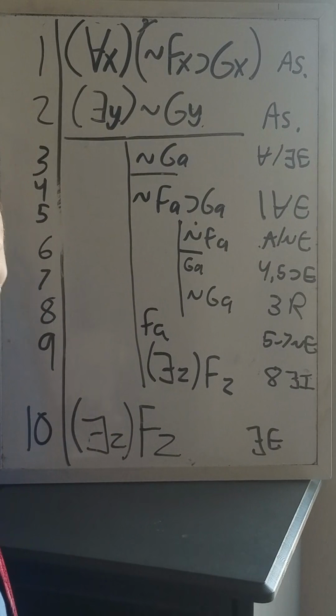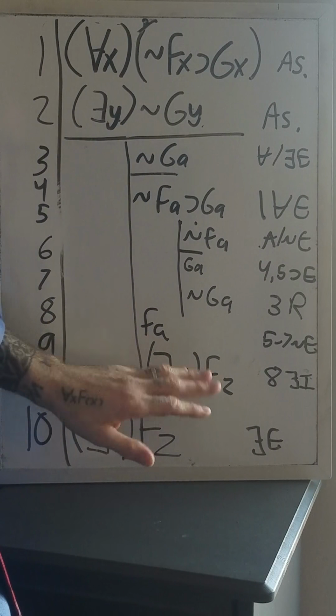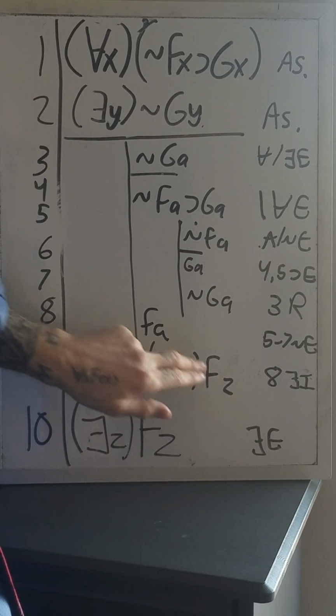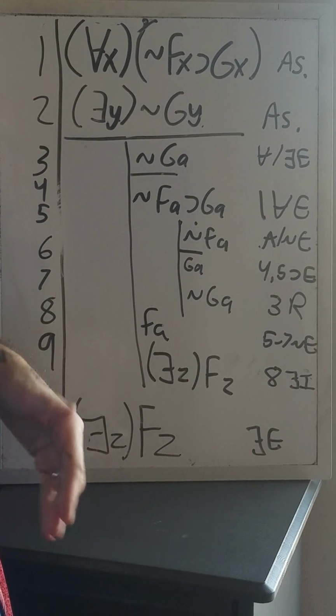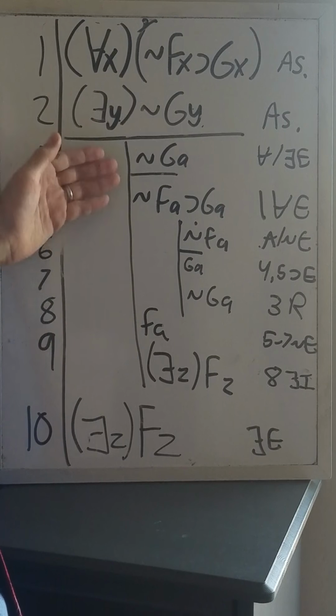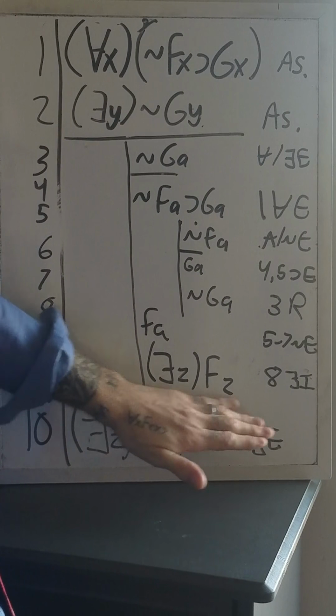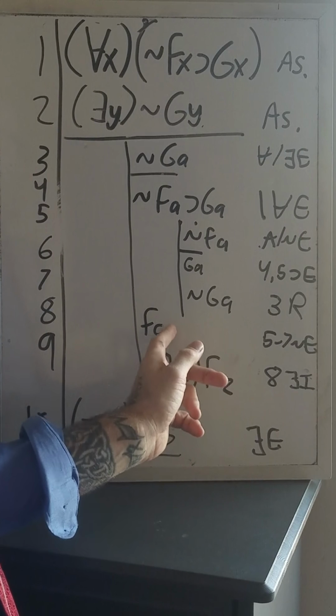And the restriction that we have to follow here is whatever that conclusion is, it can't have that constant in it, right? So a lot of the time what you wind up doing at the end of the subderivation is using existential introduction to replace the constant.